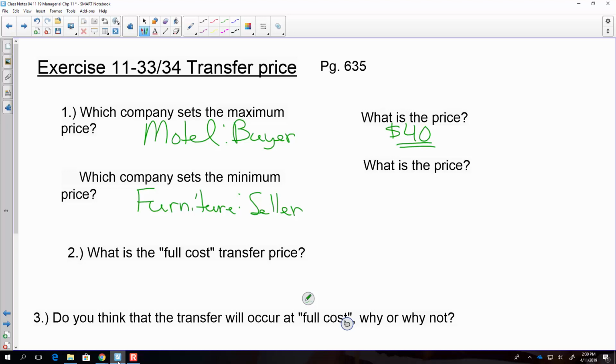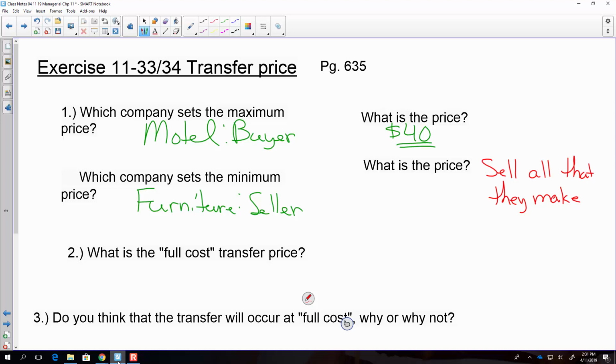The additional information we need is that this furniture company can sell all that they make. They can sell all that they can make.